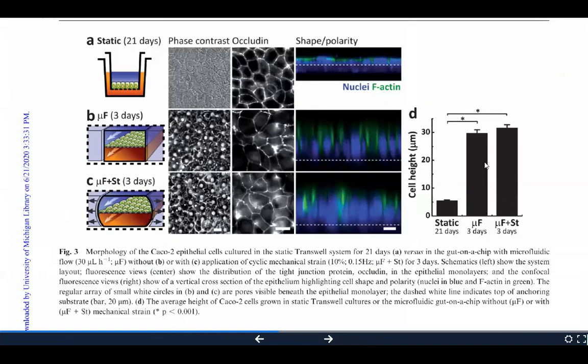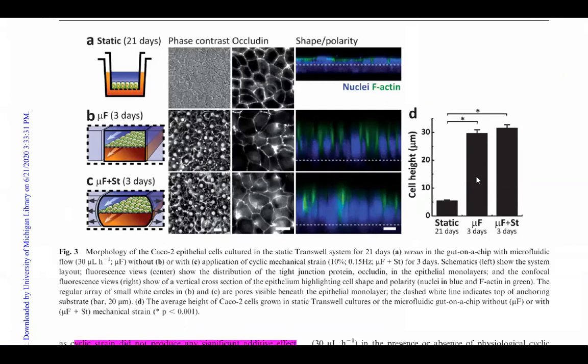This shows that the prominent and important factor that causes this increase in cell height in comparison to the static group is the shear stress, not this cyclic mechanical strain, because when we add this cyclic mechanical strain, we do not see a significant increase in the cell height.